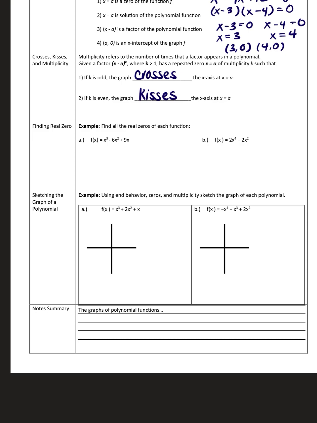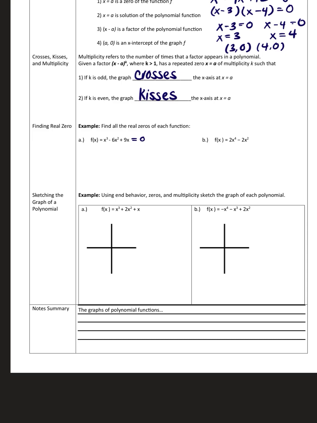So I'm going to find the real zeros of x cubed minus 6x squared plus 9x, all right? So first thing I'm going to do is go ahead and set this equal to 0. All right.